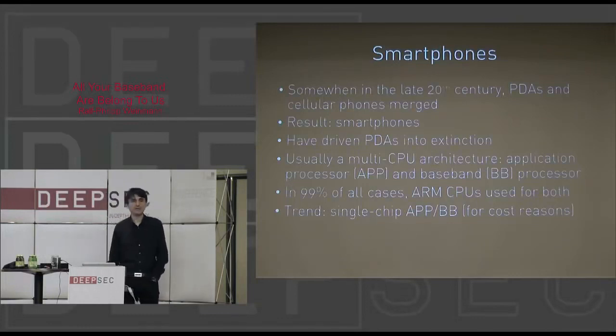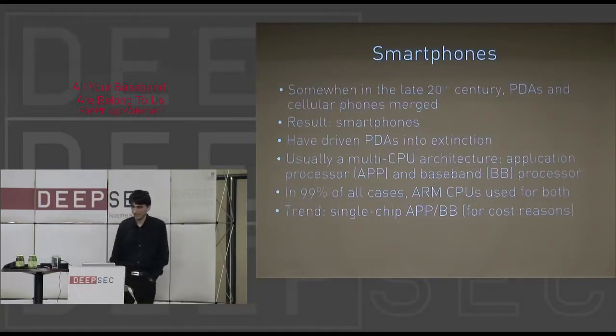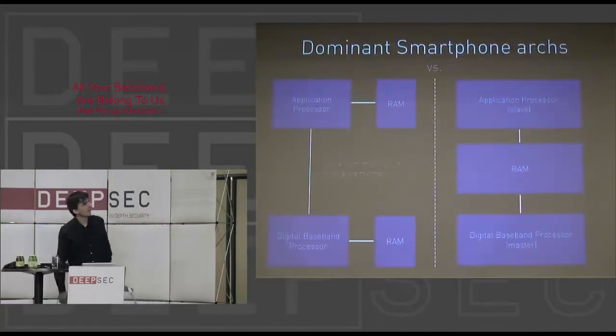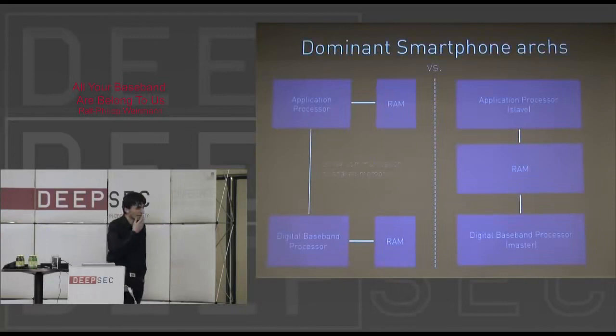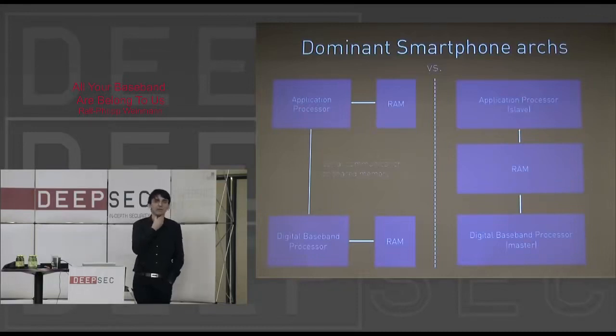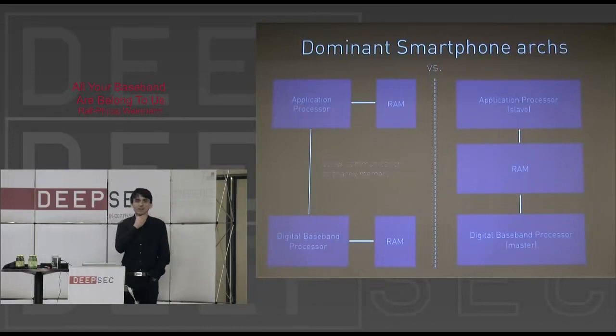And the trend is that the designs are going to a single chip solution, so the application and the baseband processor are merged into a single package. Now this is interesting for several reasons, because here you see the 2 dominant smartphone architectures. The left-hand side is what's used in iPhones and, I think, in the Samsung Galaxy i9000 as well.